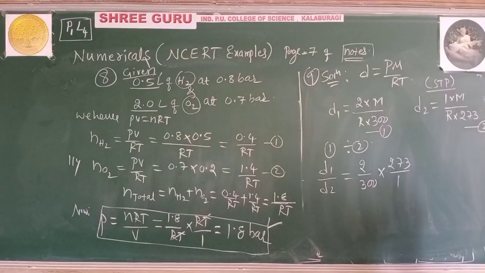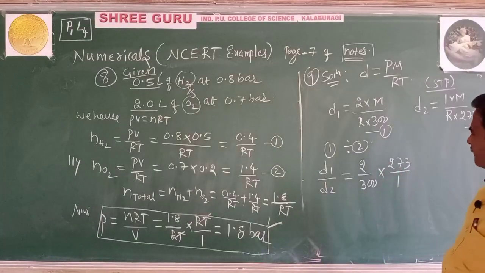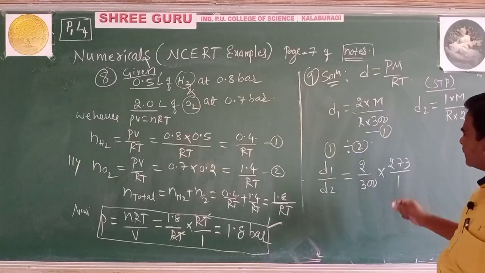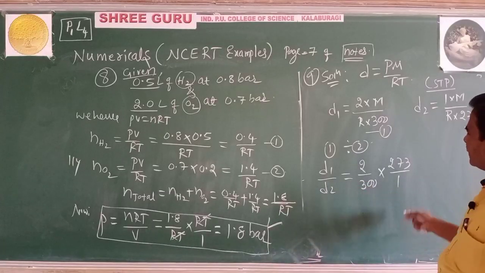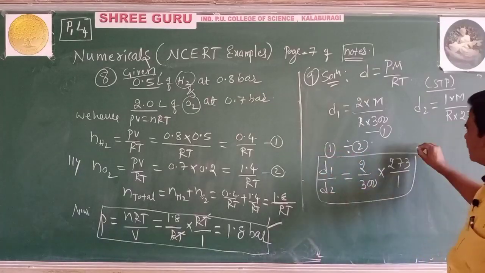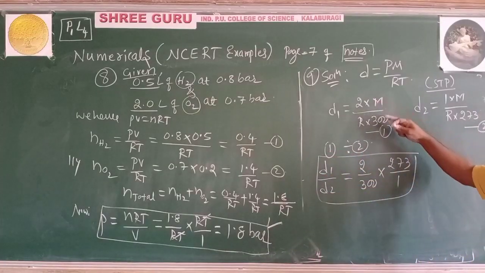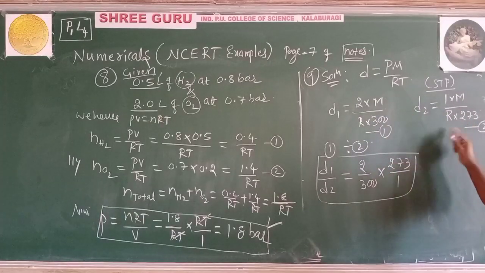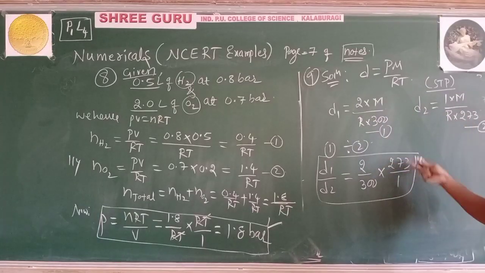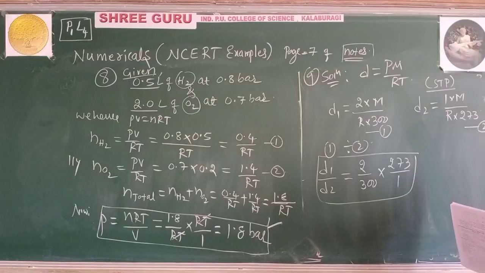This is simplified. D1 is 2 by MR, which cancels. 2 by 300 into 273 by 1. So you get the final equation for the density at STP.